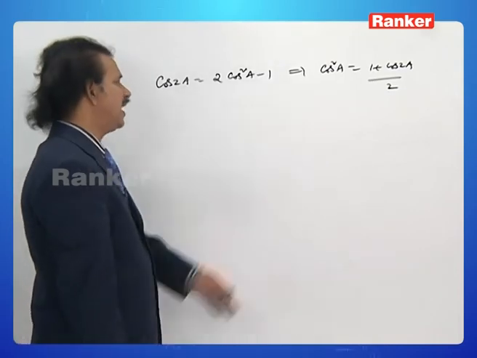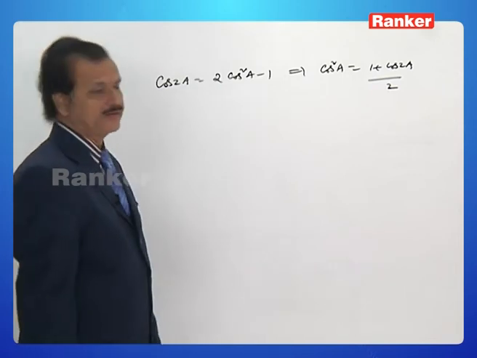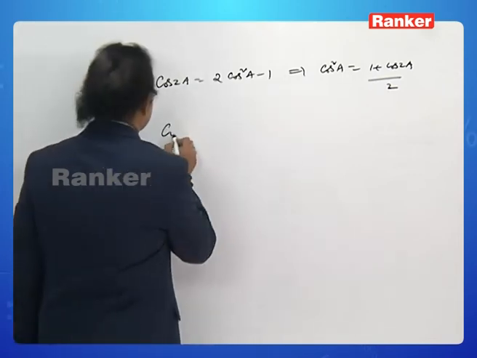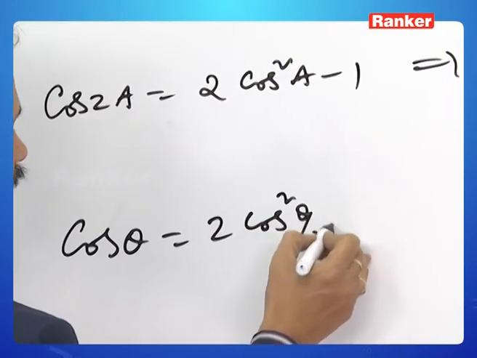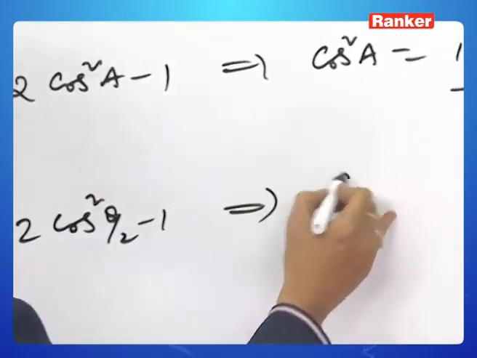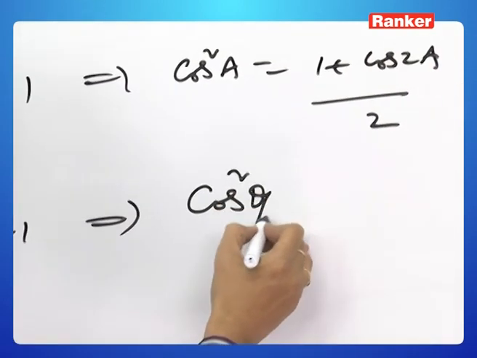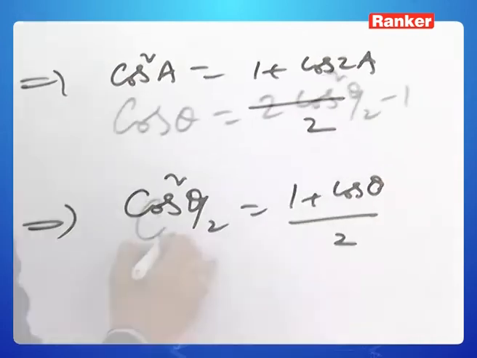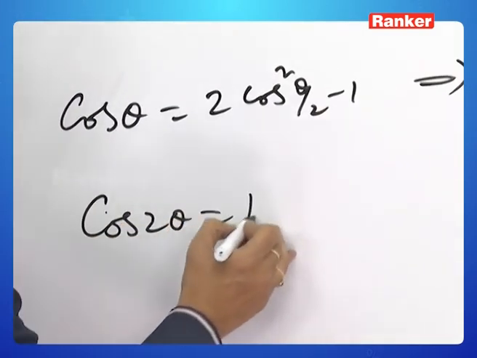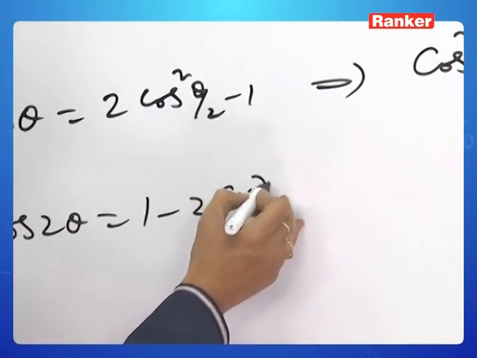Or even you can have 1 plus cos 2A is equal to 2 cos square A. Again, cos theta is equal to 2 cos square theta by 2 minus 1, isn't it? From this, cos square theta by 2 is equal to 1 plus cos theta by 2. Cos 2 theta is equal to 1 minus 2 sin square theta, isn't it?